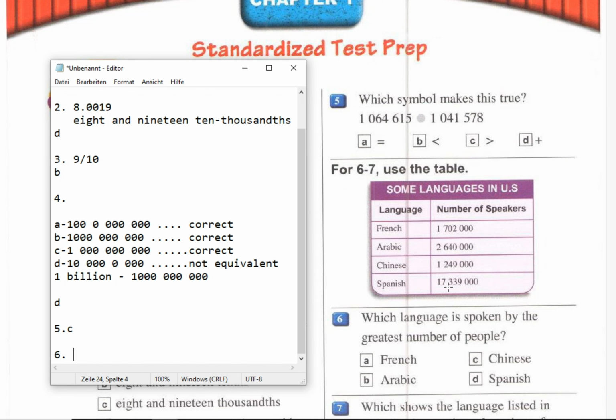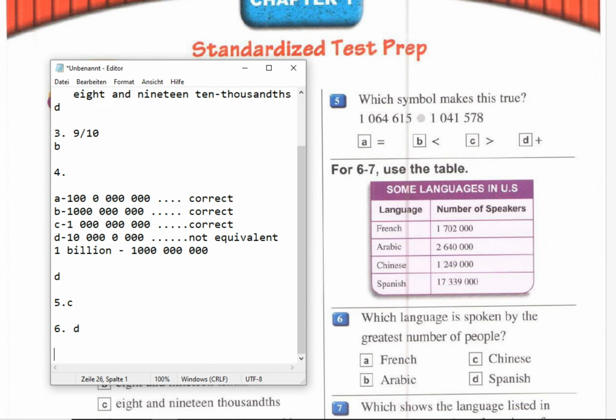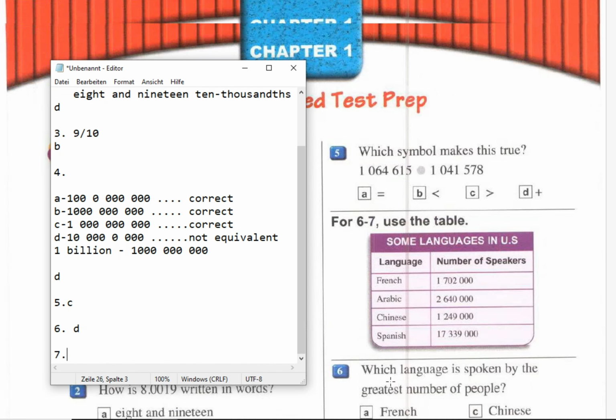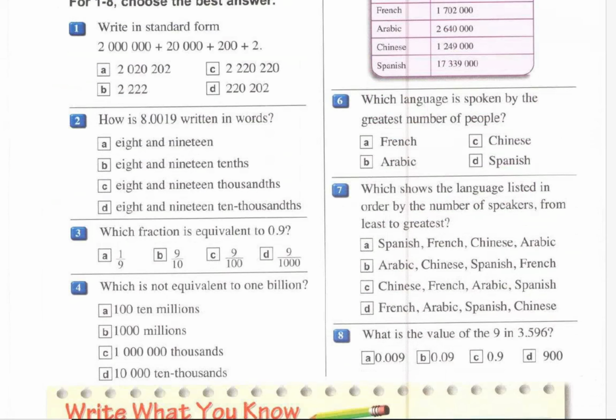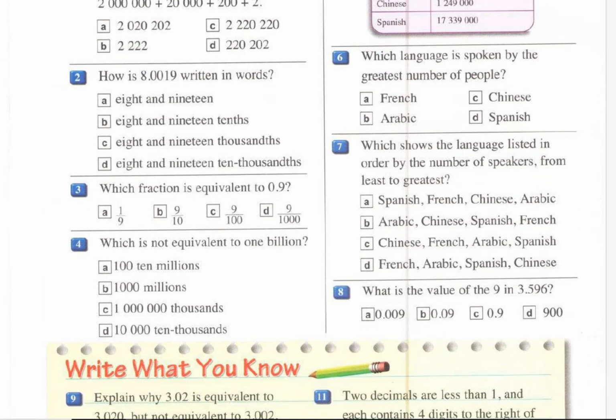Okay, let's look at the next question. And the next question says to us, which shows the, okay, slowly, I cannot read this. Which shows the languages listed in order by the number of speakers from least to greatest.